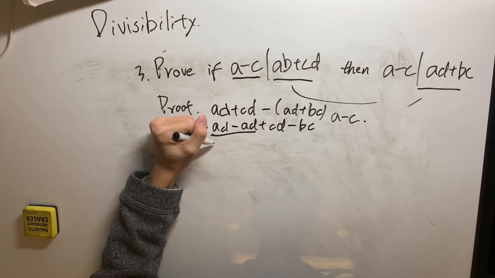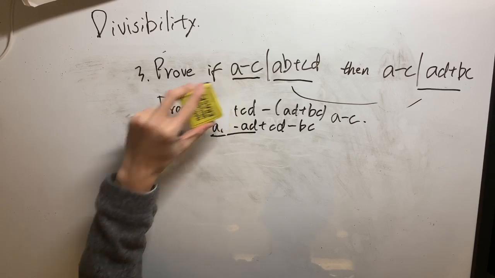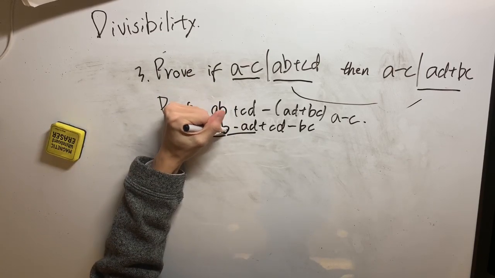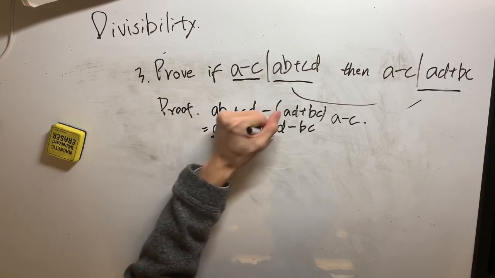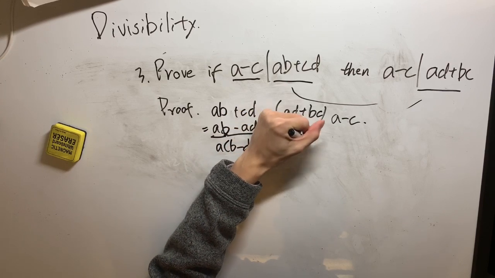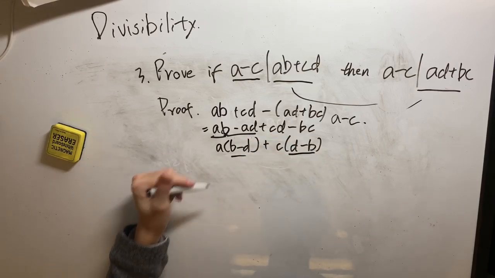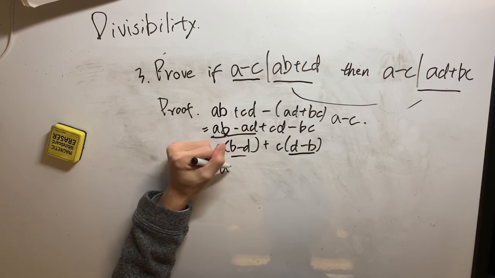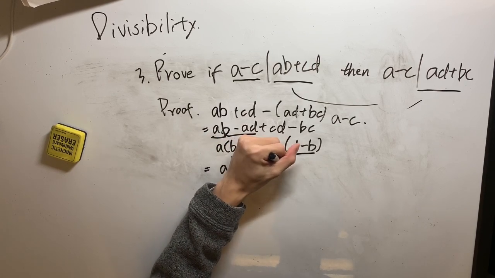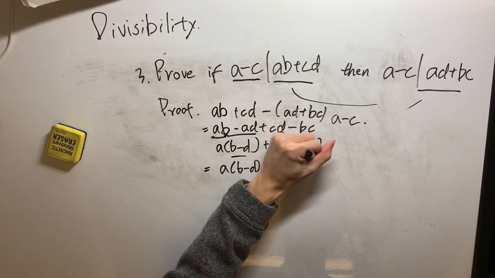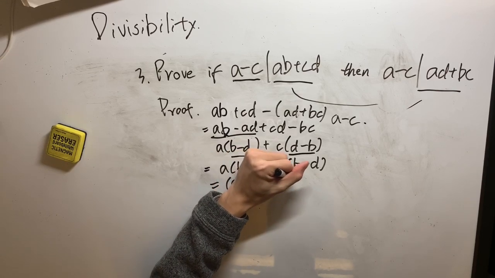We can simplify this as a times b minus d, and this is plus c times d minus b, and b minus d is the negative of d minus b, so a times b minus d minus c times b minus d equals a minus c times b minus d.